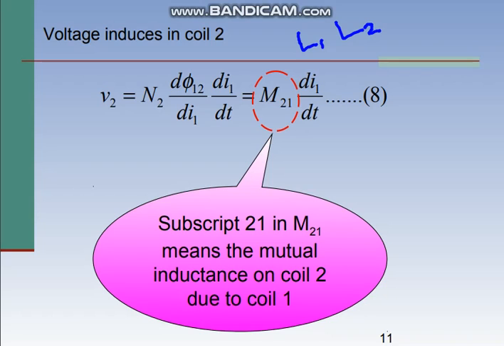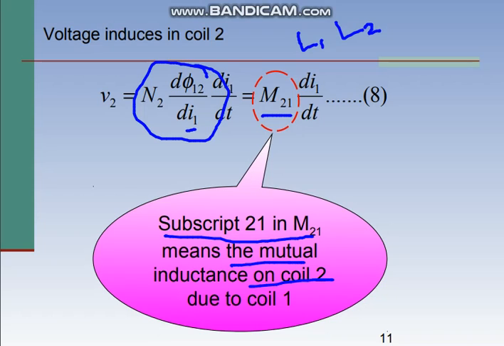But if it is a mutual inductance, you can see in that part, N2 d phi 12 divided by di1, that can be replaced by M21. The subscript 21 in M21 means the mutual inductance on coil 2. So the 2 is the first part and 1 is the later part, so on coil 2 due to coil 1.